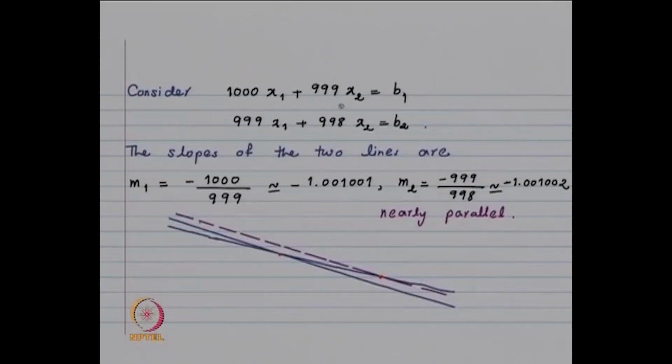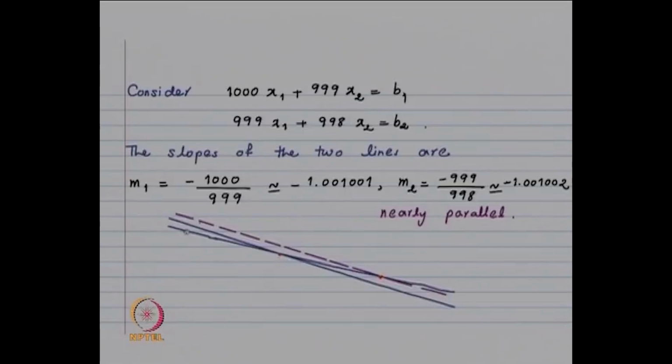I am not changing the slope. The slope is determined by 1000 and 999. But if I change the right hand side, I am looking at a parallel straight line. So, the solution of the first system was given by the intersection of these two straight lines. So, this is going to be your original solution.